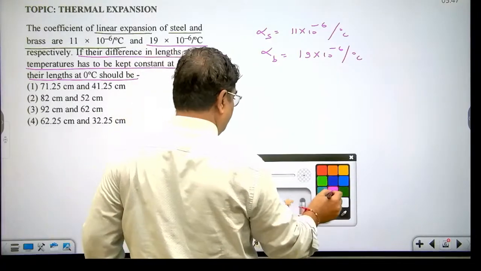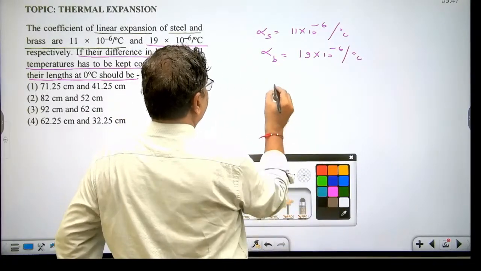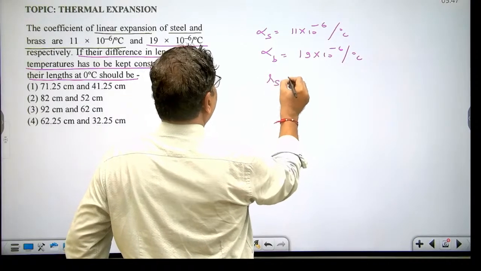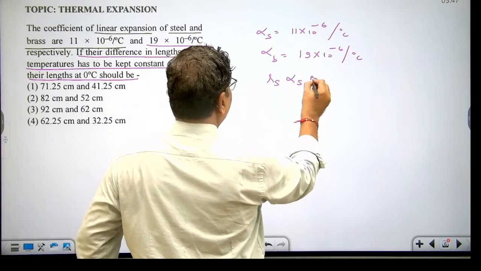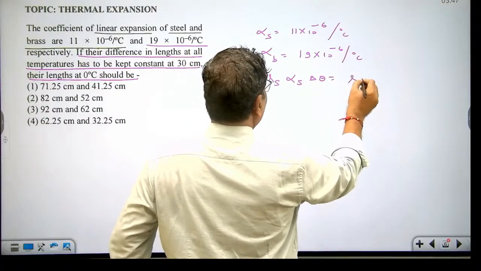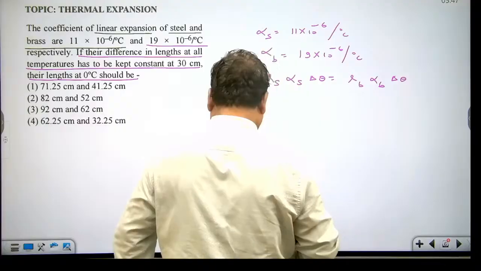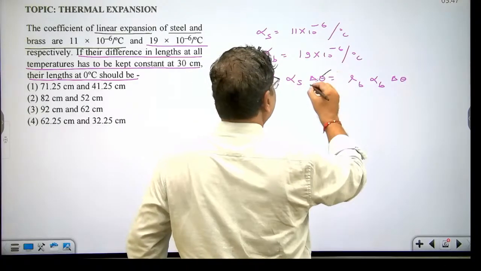Since the length difference should be constant, delta L should be the same. What is delta L? L steel, alpha steel, delta theta equal to L brass, alpha brass into delta theta. Cancel delta theta on both sides.